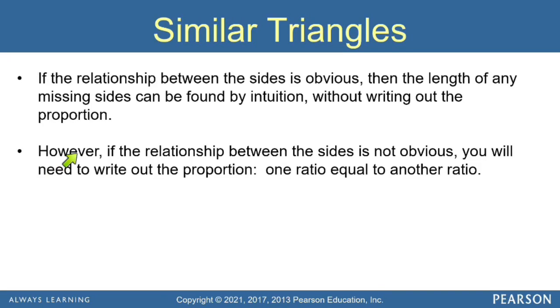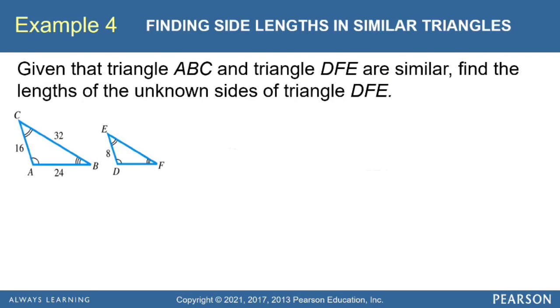However, sometimes the relationship is not that obvious, and you will need to write out the proportion, which is one ratio equal to another ratio, or one fraction equal to another fraction. So it's great when you can do it by intuition, but I also want you to know how to do it by equation when you can't see the relationship. So let's do example 4 together.